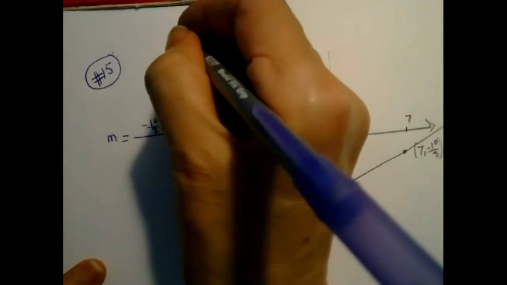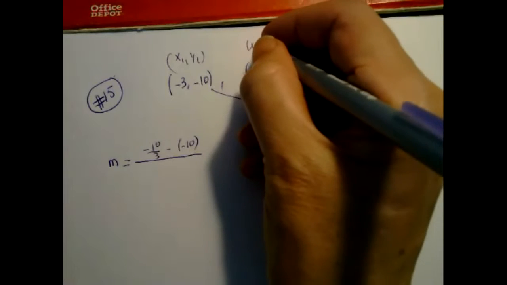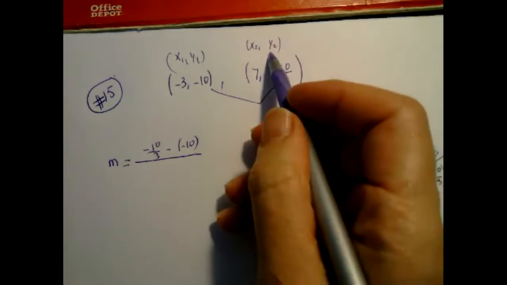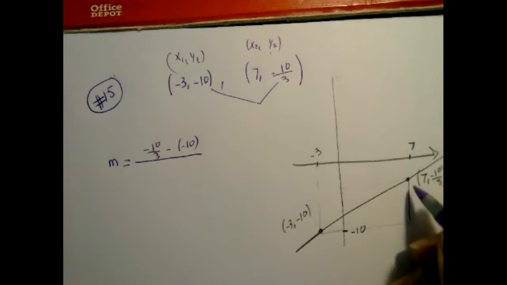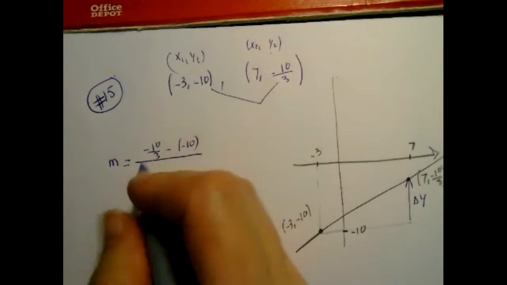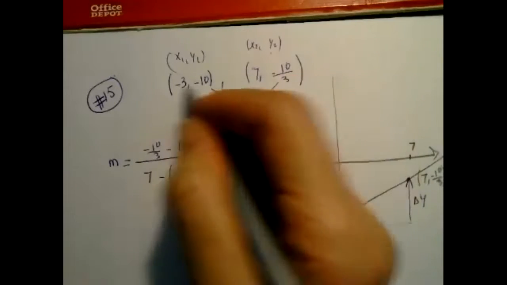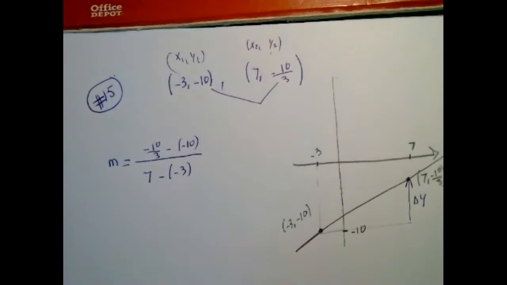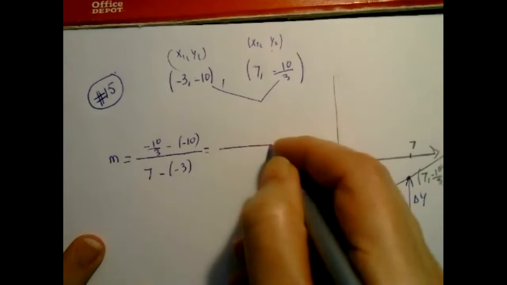These are, if you want, x1, y1, that's what I called them before, and that's x2, y2. So that's the change in y, divided by the change in x, which is 7 minus -3. So be very careful with those minuses. That's probably what makes it a bit confusing. So we're going to compute that.